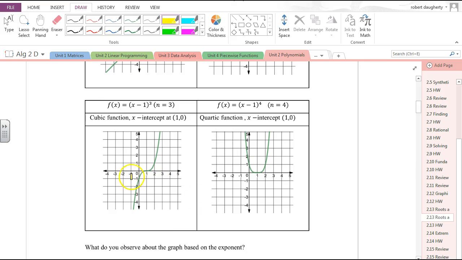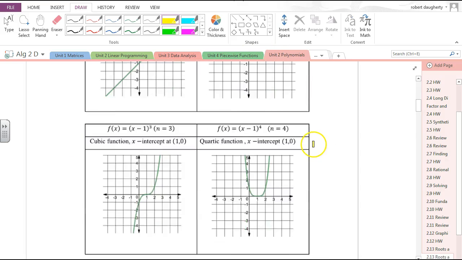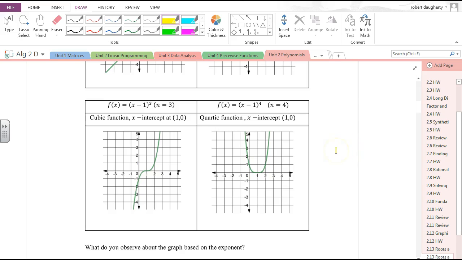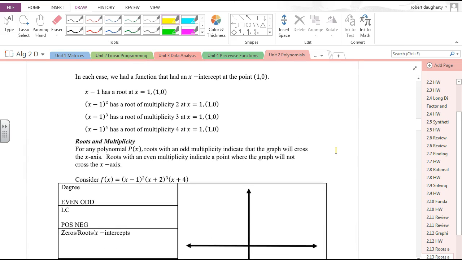Go back to the cases we just showed, raising x minus 1 to the 1st, 2nd, 3rd, and 4th. Each time, when the exponent is odd, I cross the axis at that root or zero, my x-intercept. When the exponent is even, I do not cross the axis.